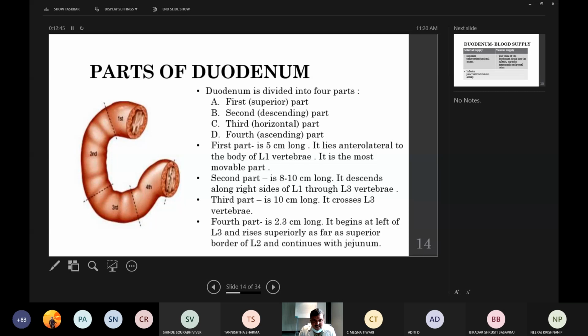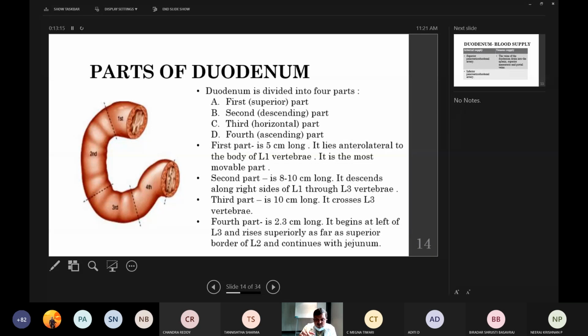The first part is called the superior part, which measures 5 centimeters in length. The second part descends vertically downwards. That is called the descending part, which measures 7.5 centimeters in length. Understand?